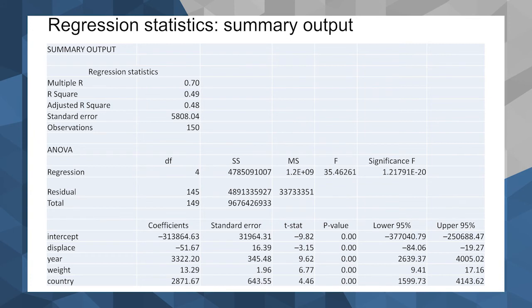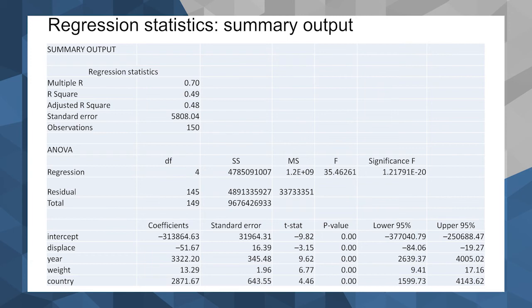The next column is the p-value, the one we saw a couple of slides ago. We compare that with a significance level of 5%, and as long as the p-value is less than 0.05, then I can be 95% certain that the coefficient is not 0.